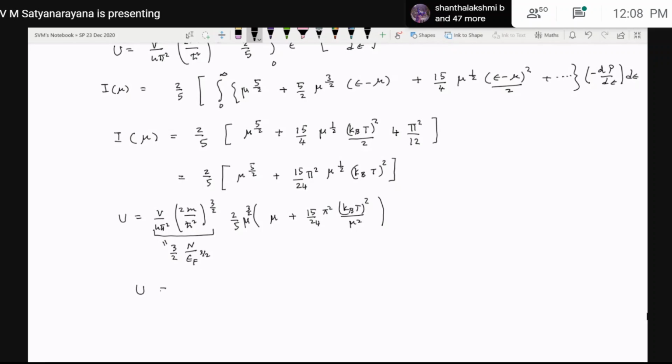Then you have u is equal to 3/2, so that is 3/5 into n, mu by epsilon f to the power 3/2 into mu plus 15/24 pi square into kbT whole square by mu square.